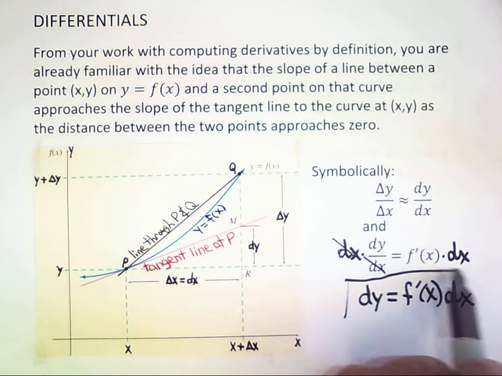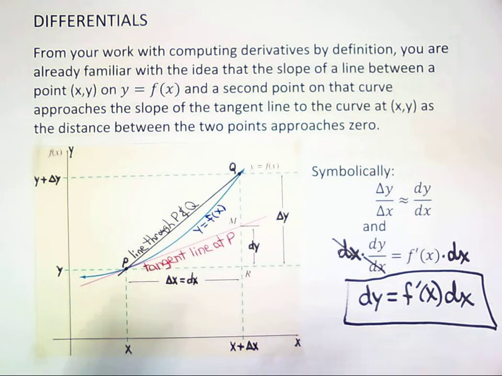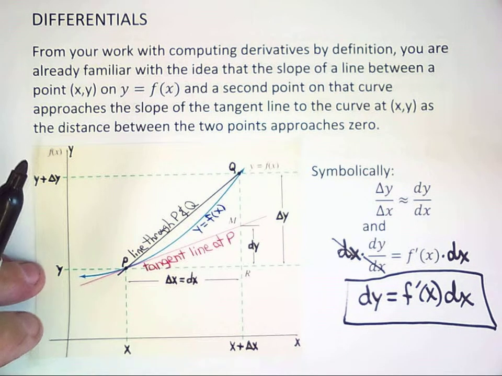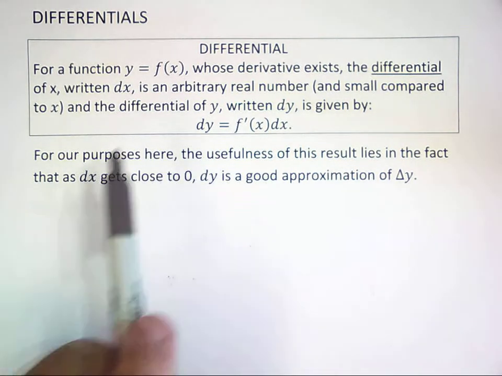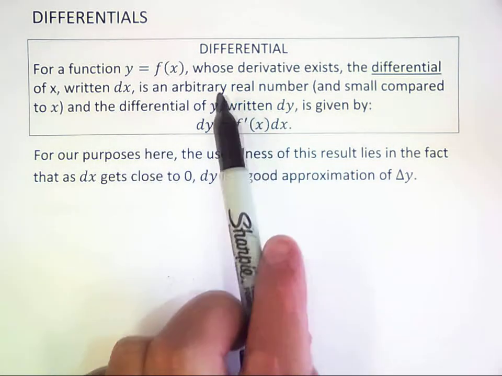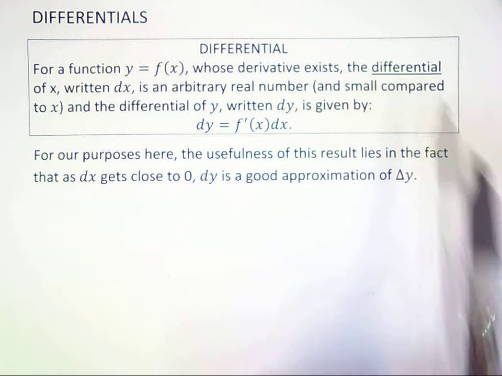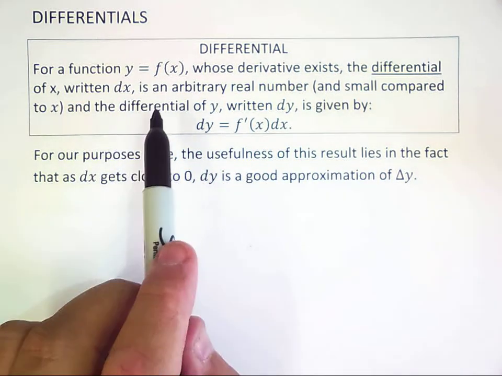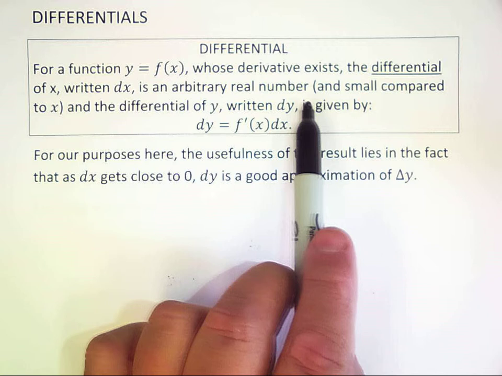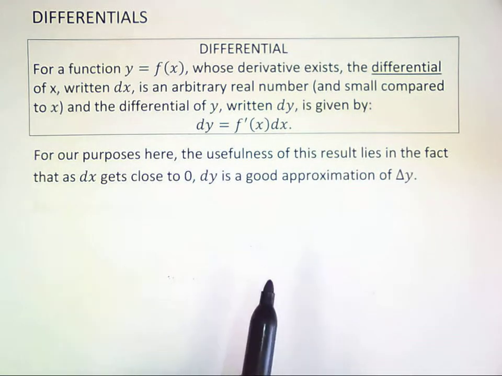Now that is the basis of the definition of a differential. So formally, here we go. For a function y equals f of x, whose derivative exists, the differential of x, which you write dx, is an arbitrary real number, and it's small compared to x.